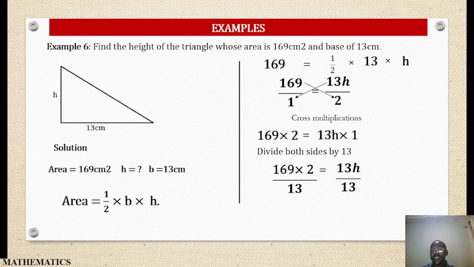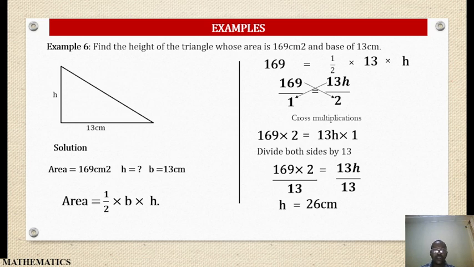And here, 13 is going to cancel 13. And we have our h to be equals to 26 centimeter. If you cut it very well, you know it's going to be 26.